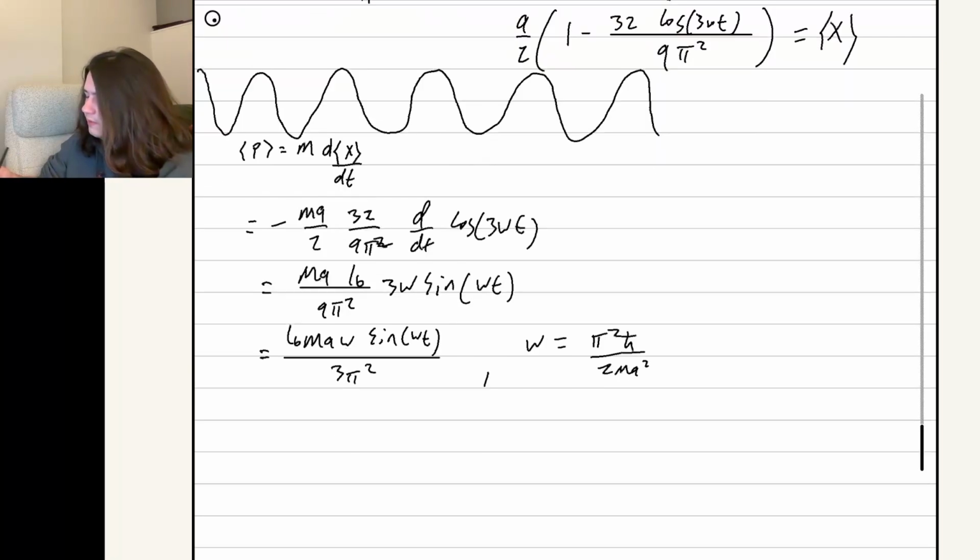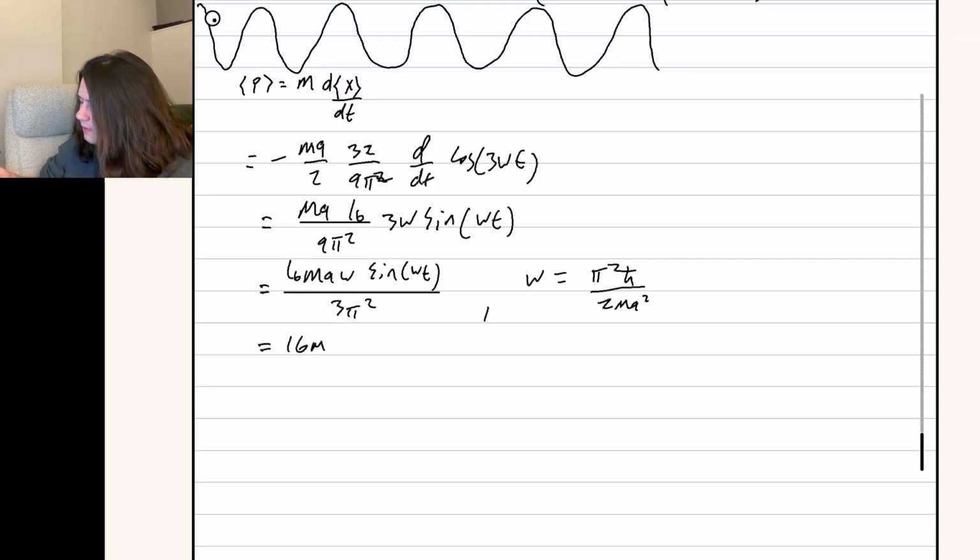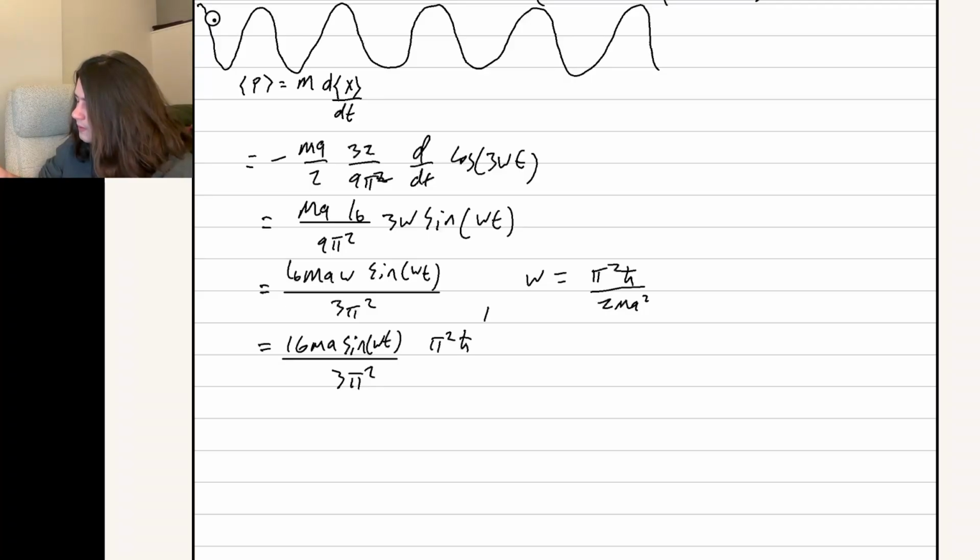Putting that in here, we have 16 ma sine 3 omega t over 3 pi squared times pi squared h bar over 2ma squared. This will reduce to 8. The m's are gone. I'm going to put the h bar up top. We still have the sine function, but now this is just over 3a. Okay, 3a. Awesome.